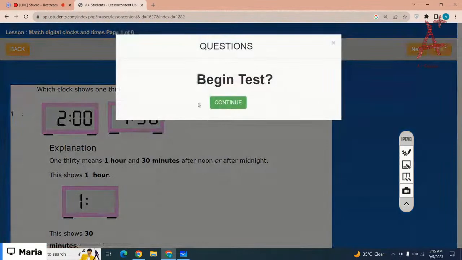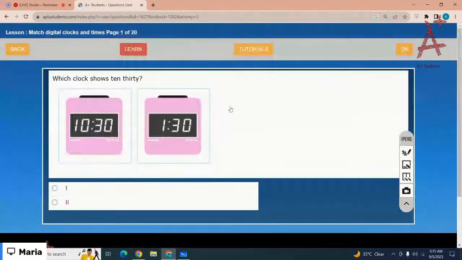Okay, let's just start with the test questions. Which clock shows 10:30?